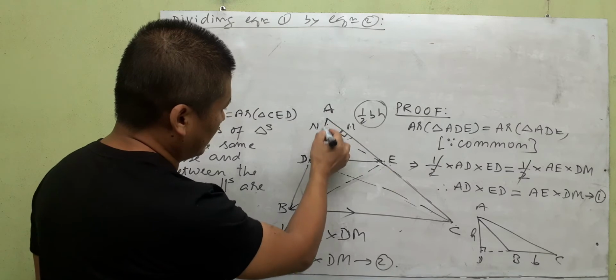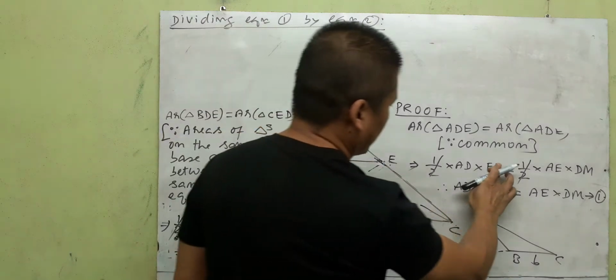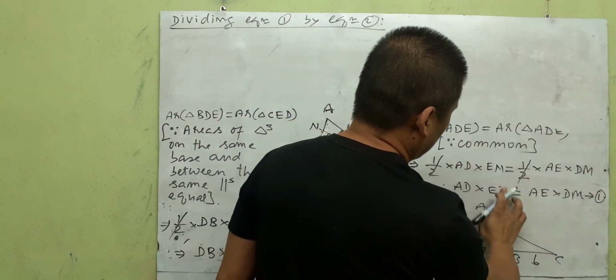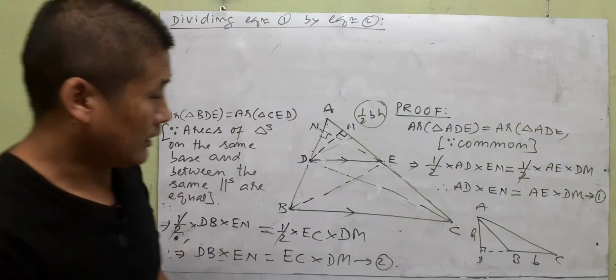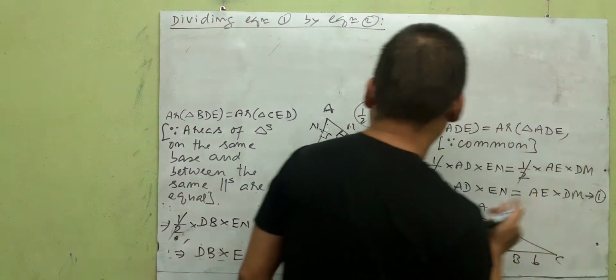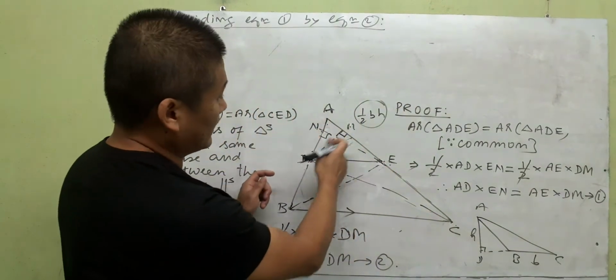See, this is the height EN, the perpendicular. The other one is okay, AE into DM, yes.